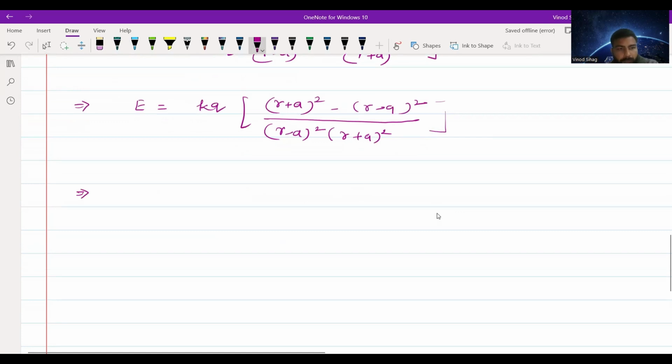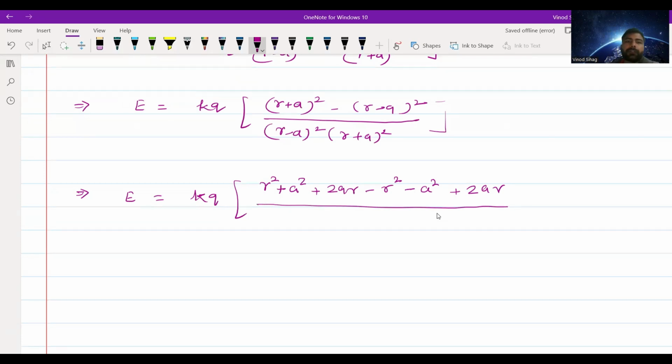Now let us open the squares. So we will get KQ times R square plus A square plus 2AR, minus R square minus A square plus 2AR, because this minus sign will also get multiplied with the expanded form of the square.